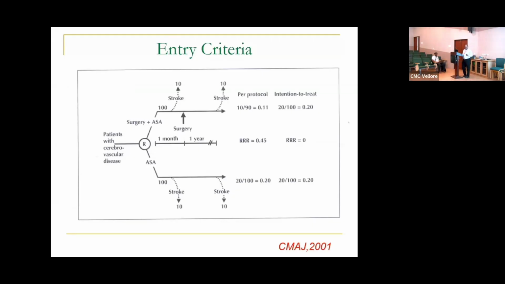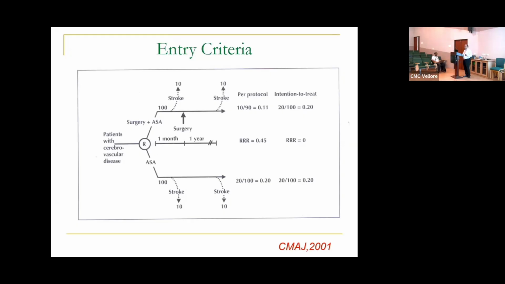Let us look at this example. Some of you would have seen this example. This is surgery plus ASA, some intervention. This is ASA alone. So you randomize them here, and there are 100 patients going to have this, 100 going to have this. However, in this arm, before they started the surgery, 10 have developed stroke.